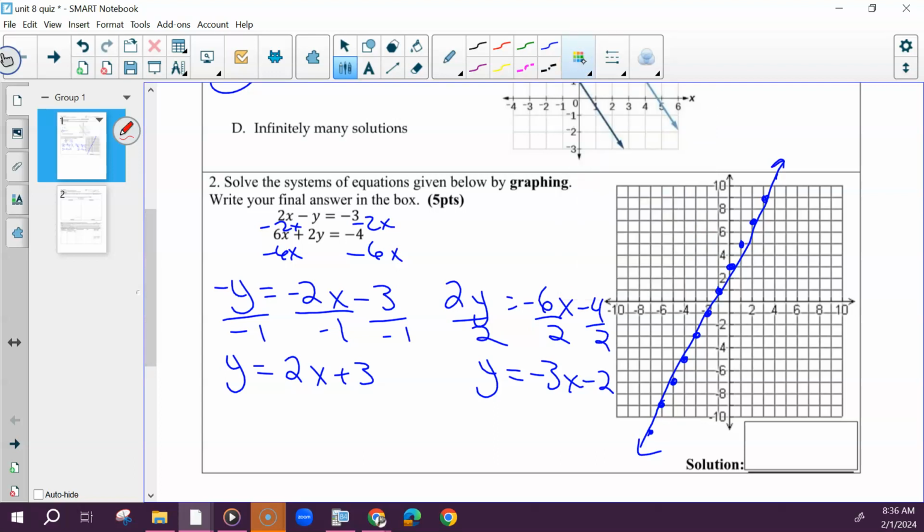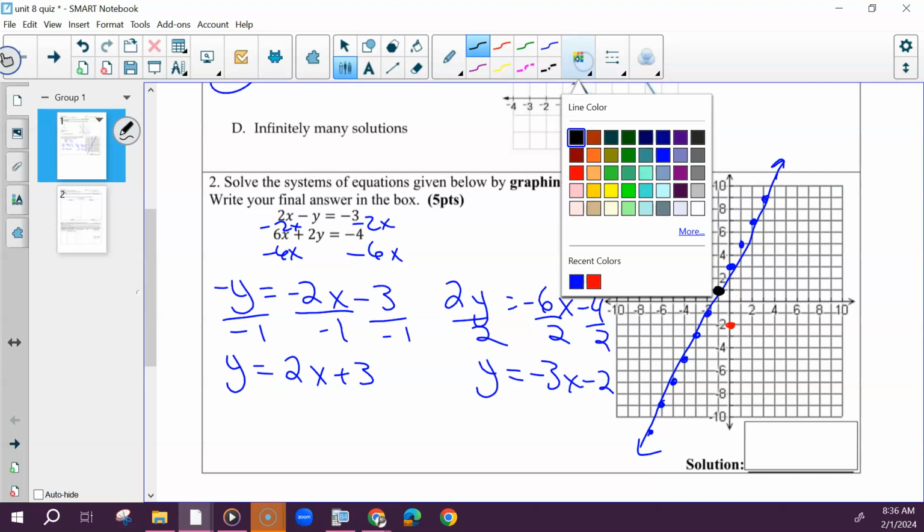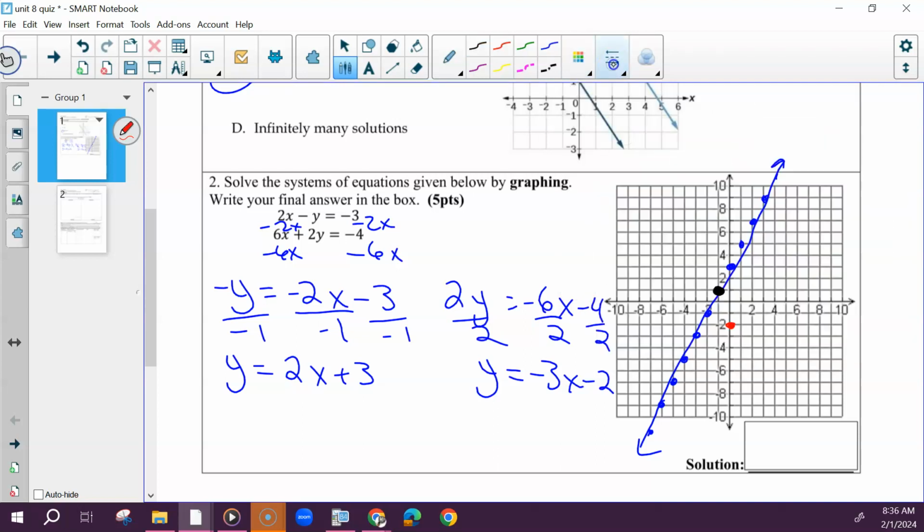And then for the other one, start at negative 2 and go up 3 to the left one as many times as possible, and down 3 to the right one as many times as possible. And then find where those two lines cross, which would be at negative 1.